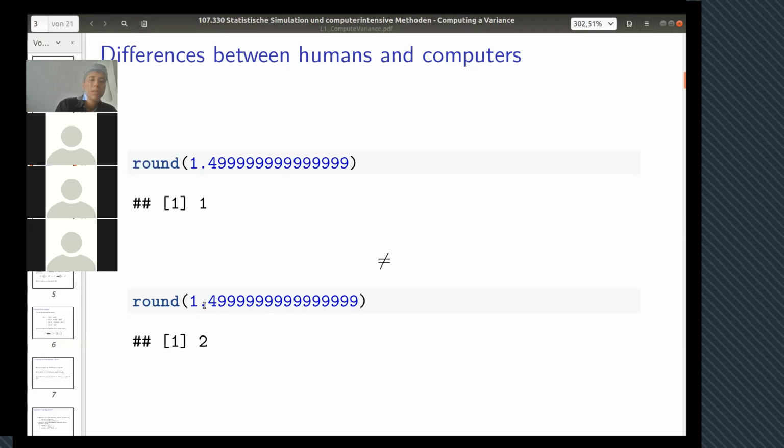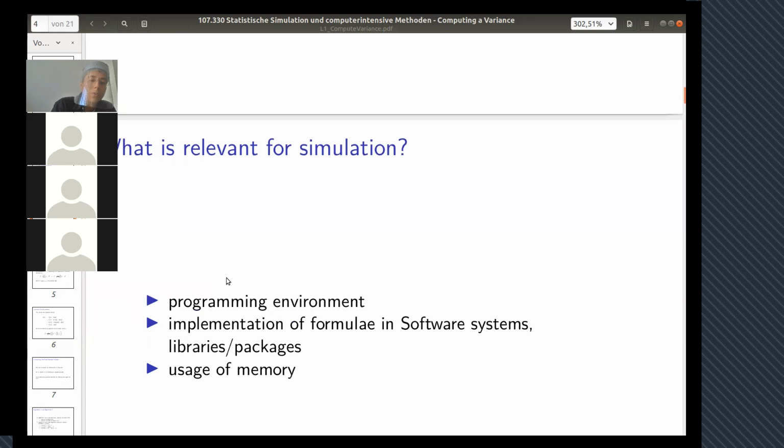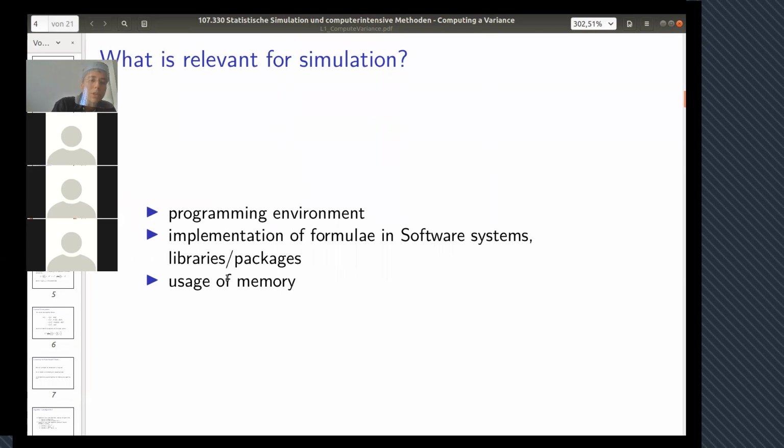And as soon as this gets 1.5, because there's one number too much, it will be rounded up to 2 instead of down to 1, which is absolutely not reasonable for a human being, but absolutely reasonable for a computer.